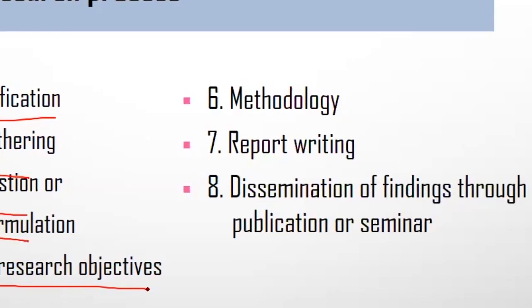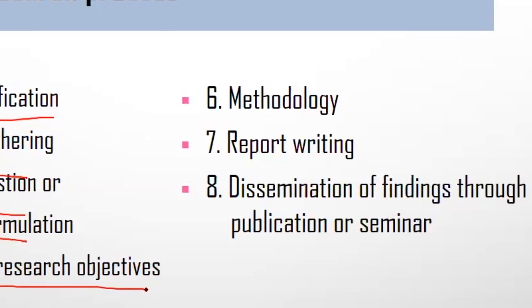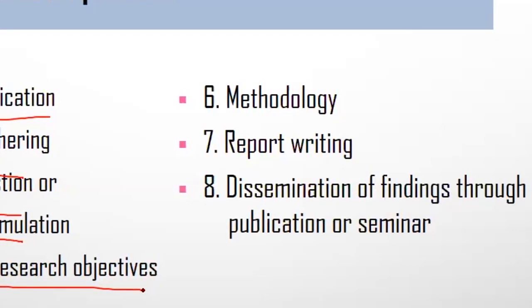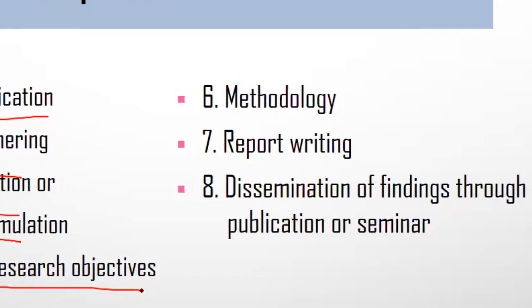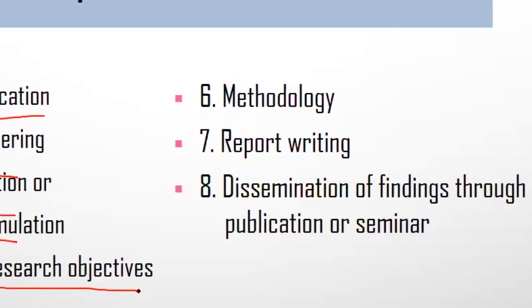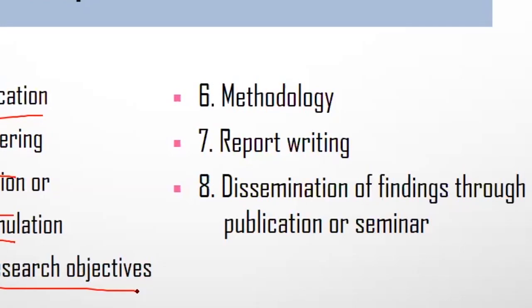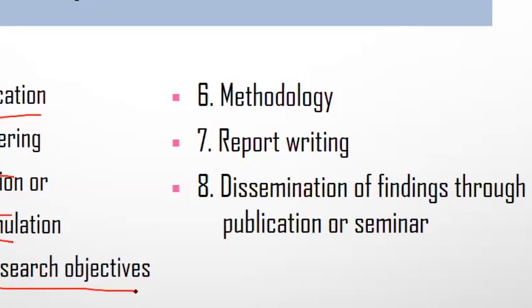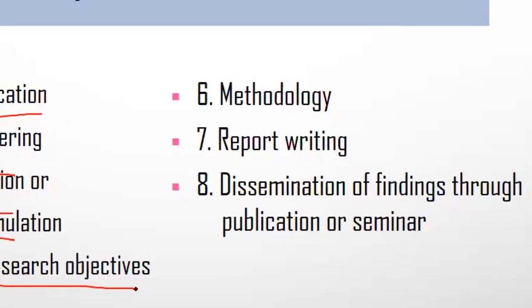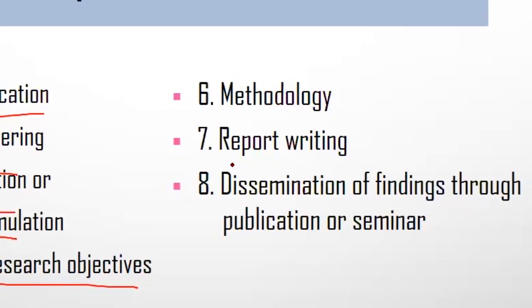But keep it in mind that the RFST survey that we performed in our department of community medicine is the proper reflection of a research process where you can find every step of a research process. Now the sixth step is the methodology section.